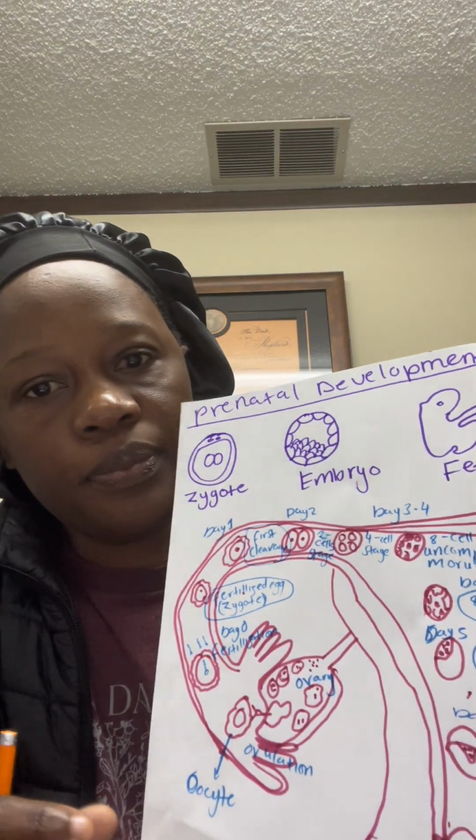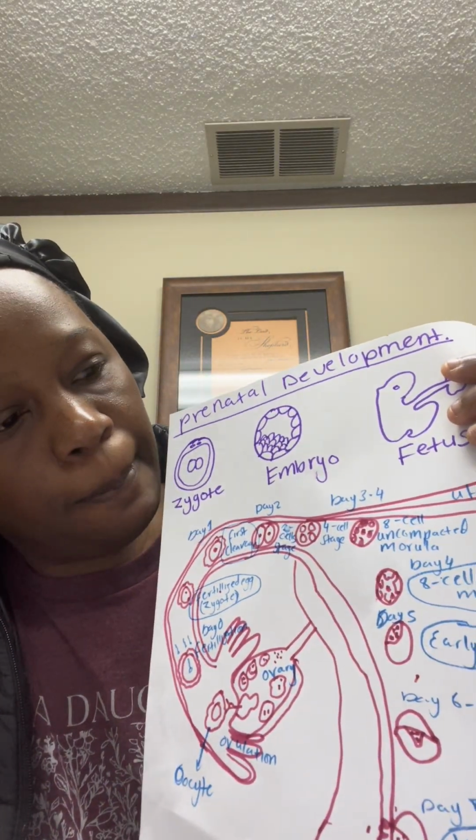And then we have the second question, which is to describe the major stages of prenatal development, including the cellular progression. I have a drawing here which I did.